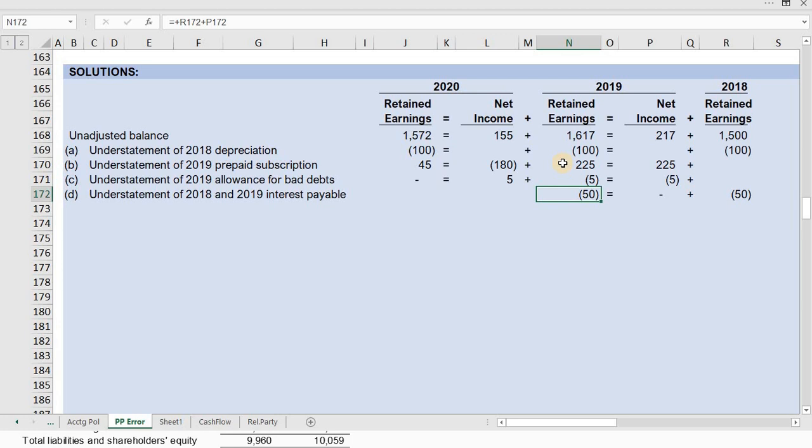That is why it is not yet paid, hence it is not yet recorded by the entity. And since it is not yet recorded by the entity, it is not yet deducted from the net income. Hence, the retained earnings is overstated. That is why to correct the overstatement, we need to deduct 50 pesos.